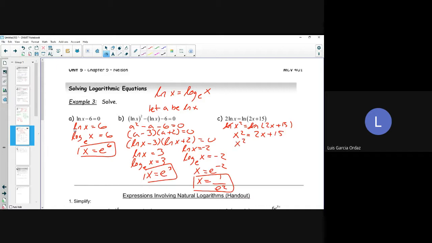I can make it a simple trinomial again. So what would my factors be in this case?